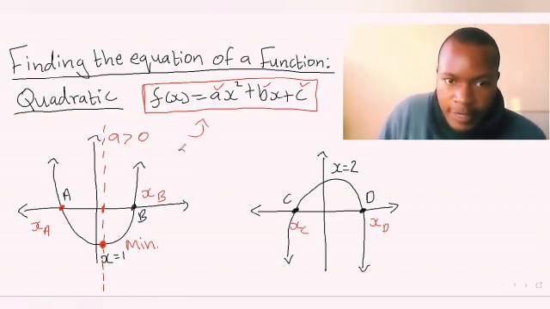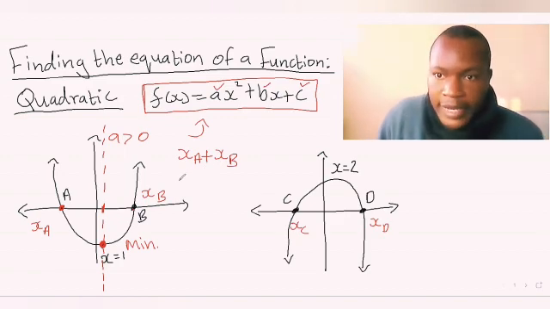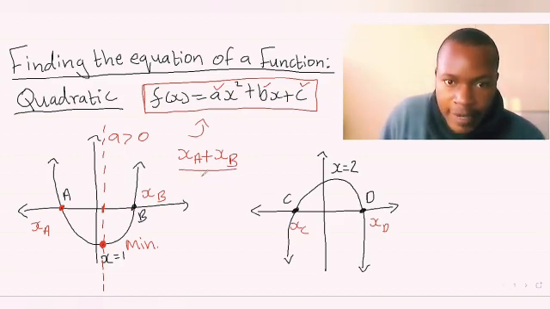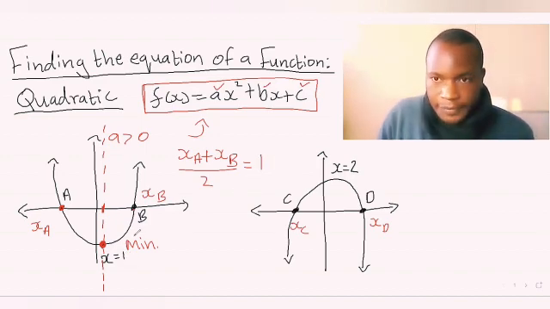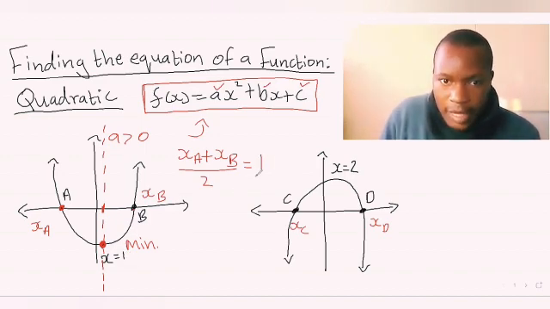So xa, which is a root, plus xb, another root, divided by 2, gives you your axis of symmetry, which in this case is a minimum and is equal to 1. That is how you could find the values of xa as well as xb.